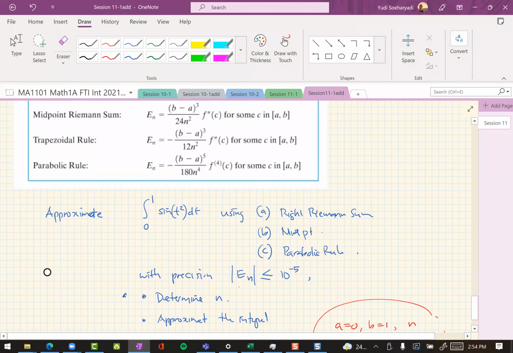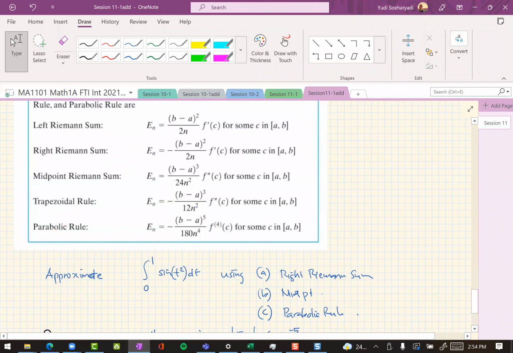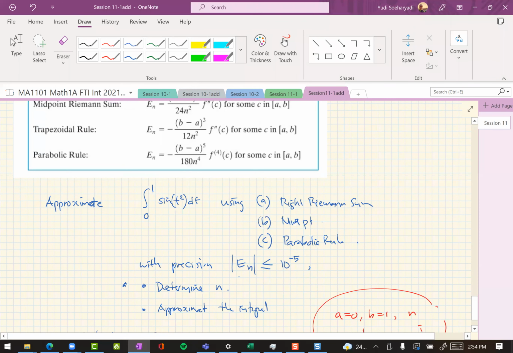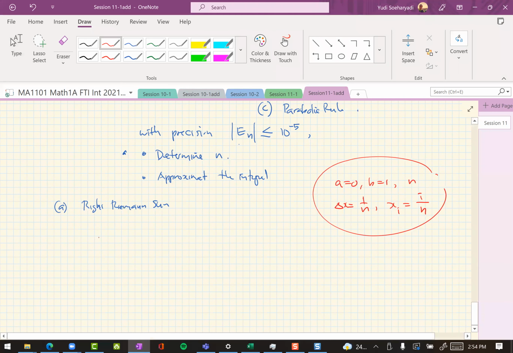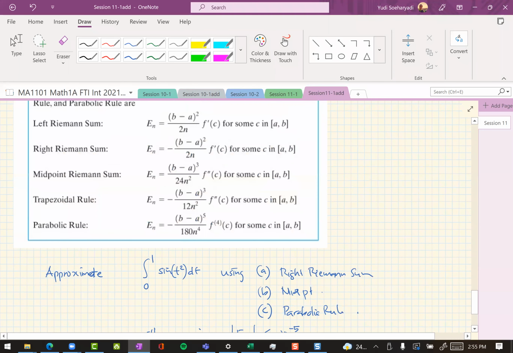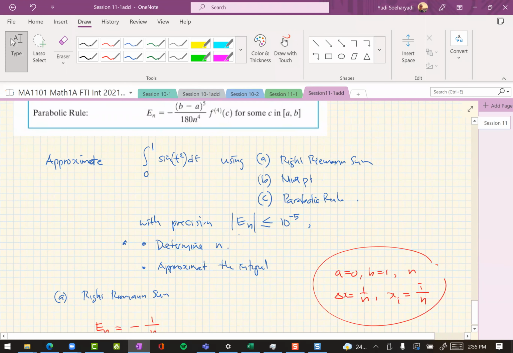Using the right Riemann sum, the error E_n is 1 over 2n times f prime of c, for some c in the interval.